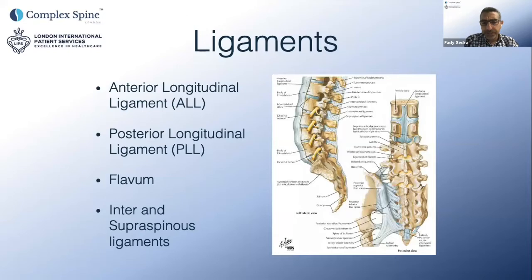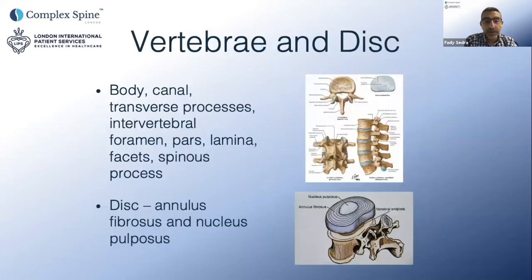The flavum, which is basically yellow in color, acts as a protective ligament for the neural tissue, and we come across it particularly in cases of spinal canal stenosis, particularly in the elderly population, where the flavum gets hypertrophied and takes the place normally occupied by the nerves.